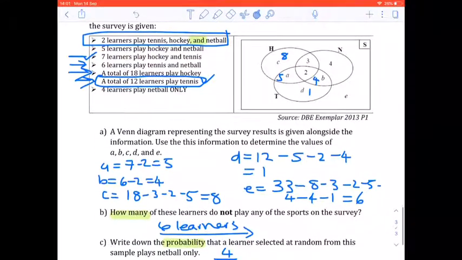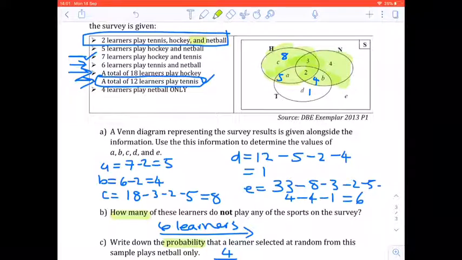So hockey or netball means everyone who plays hockey, because it can be hockey just alone, or people who play netball, or a combination of hockey and netball. So that includes there as well as there. So all that we're excluding here is people who only play tennis and people who don't play anything at all.